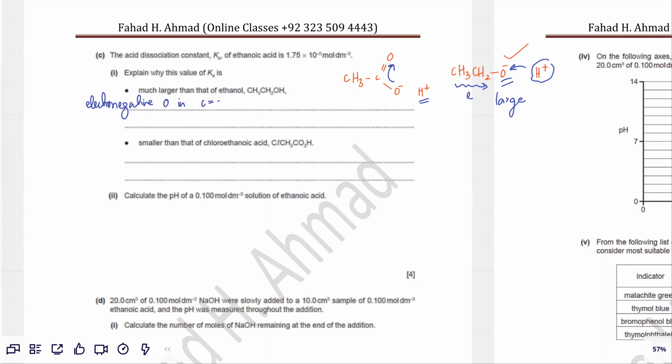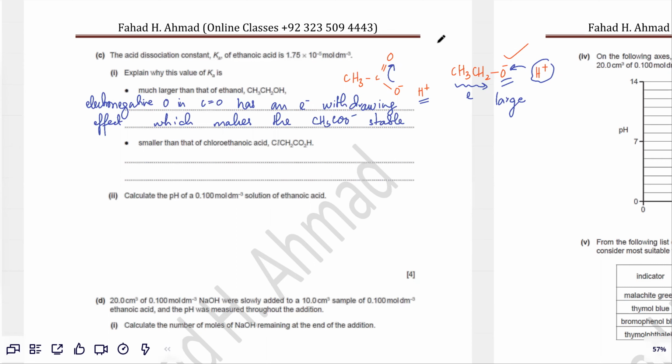In C double bond O has an electron withdrawing effect, which makes the ion stable. Or you can talk about its charge density. You don't have a lot of lines, so that's it. That's pretty much all you're going to mention over here.